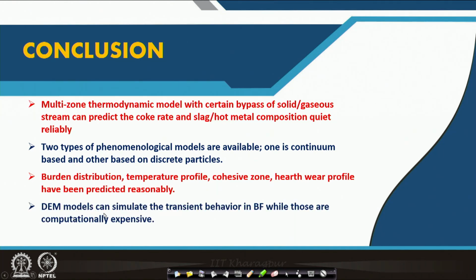And the DEM model can simulate transient behavior, which is very important, but at the same time it is computationally expensive, while continuum models are widely used today and are based on steady state, but they also make some simplistic assumptions. DEM may be less cost effective, but its predictions are quite reliable.